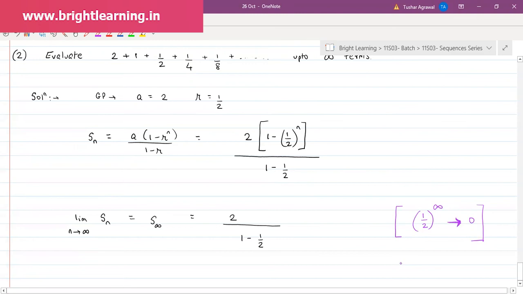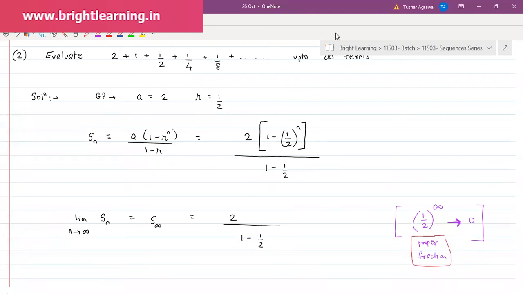Note that it should be a proper fraction, magnitude less than 1. If it's an improper fraction, magnitude greater than 1, then the whole thing fails. A proper fraction, half multiplied by half is 1/4. It became even smaller.